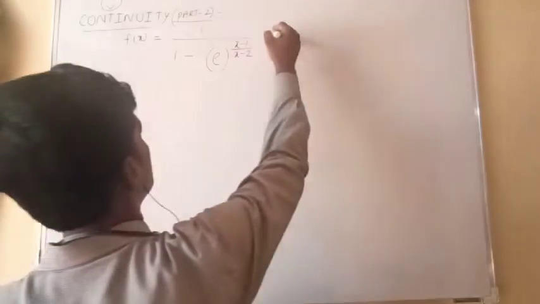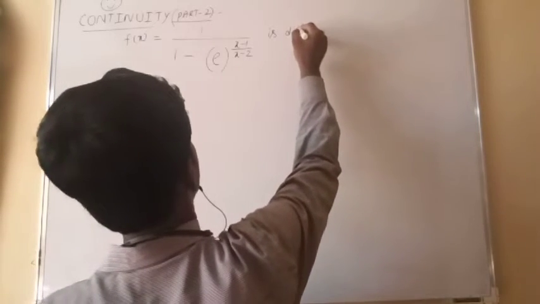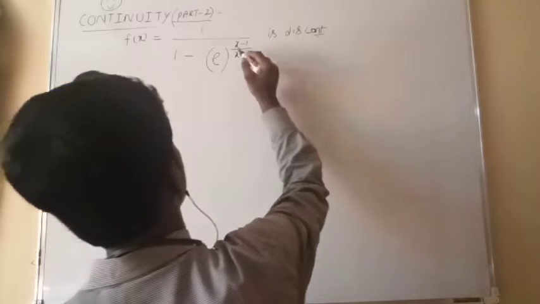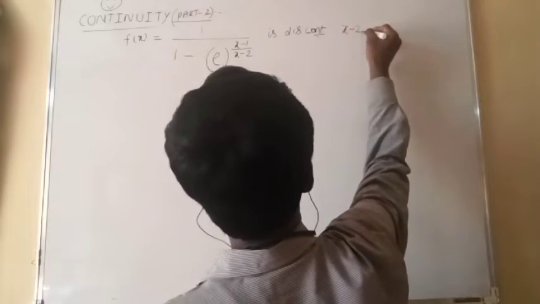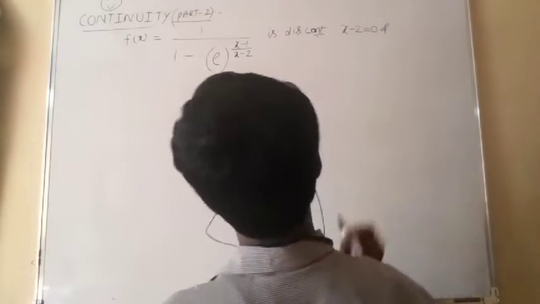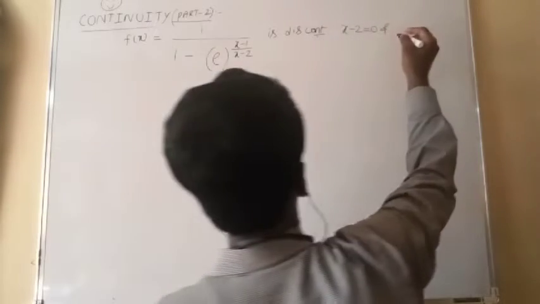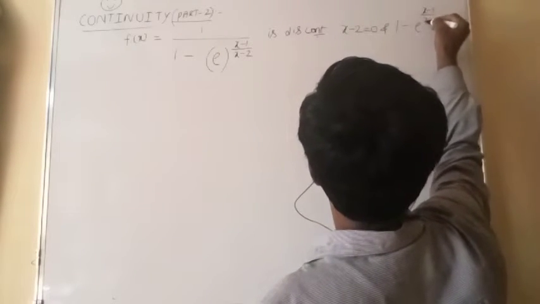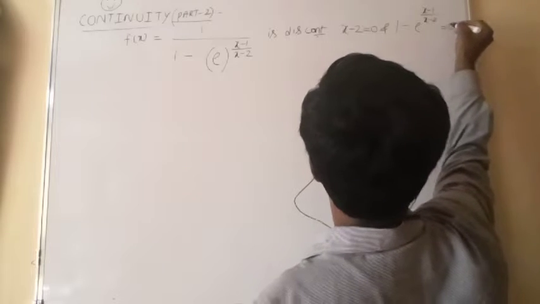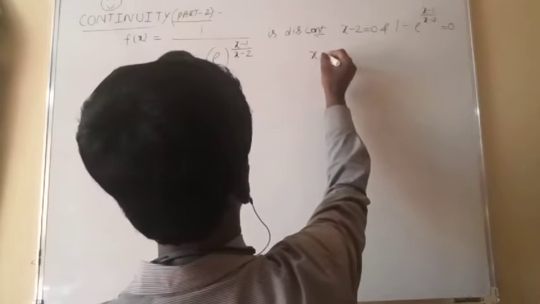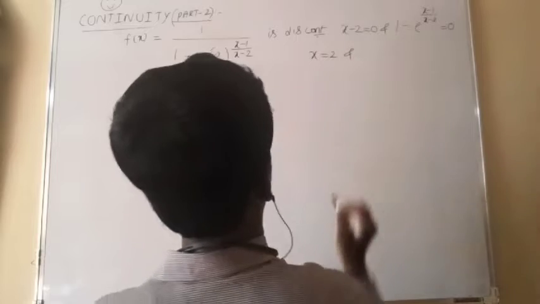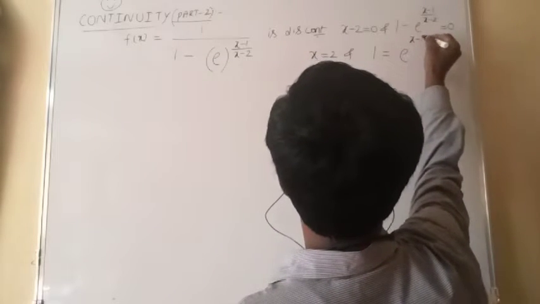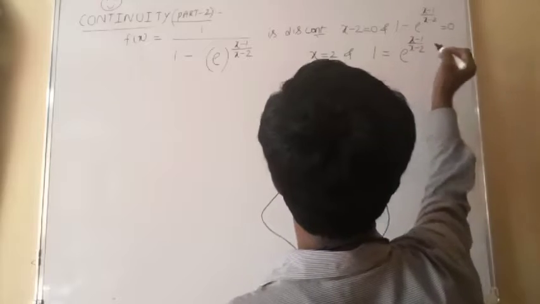So clearly it is discontinuous when x minus 2 is equal to 0 and also when the denominator is equal to 0. That is, it is discontinuous at x is equal to 2, and 1 is equal to e power x minus 1 by x minus 2.